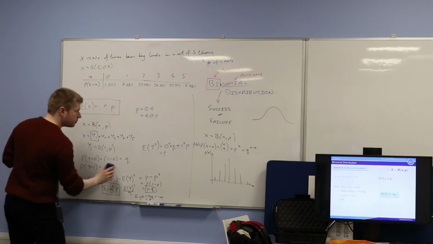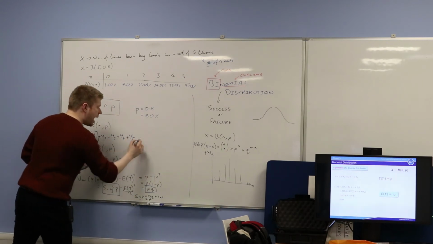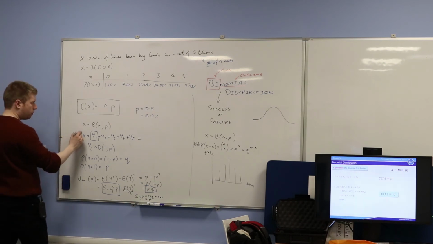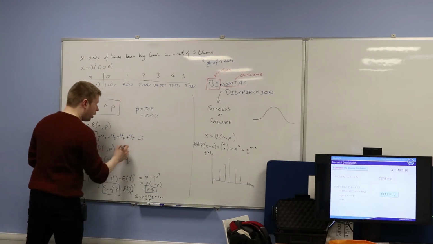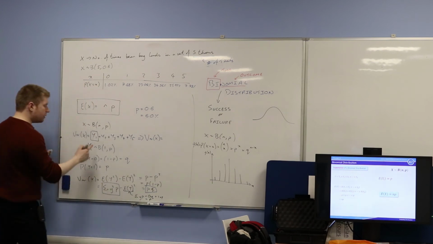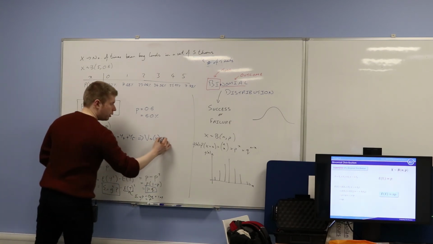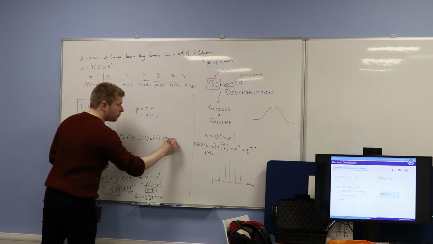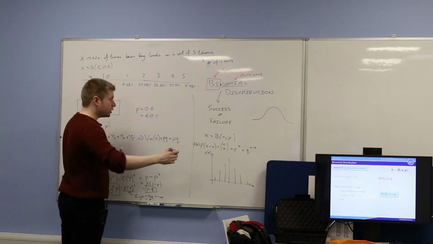So let me create a little bit of space. The variance of x is going to be the variance of each of these individual things, which implies that the variance of x is the variance of y1, which is p times q, plus the variance of y2, which is pq, plus the variance of y3, et cetera.